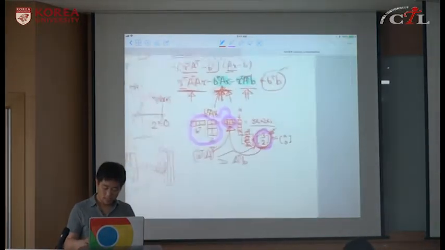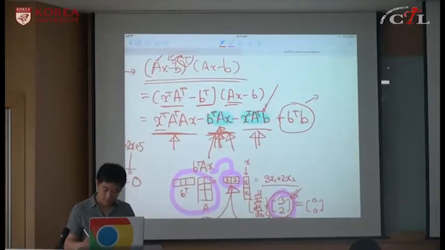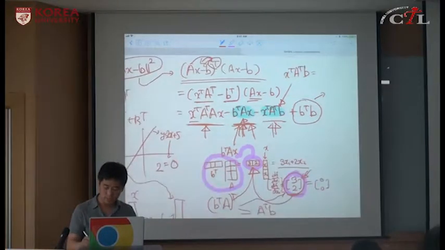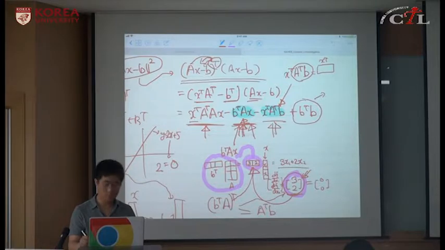Okay, and then let's look at this guy, X transpose and A transpose B. That part can be represented as this. This guy is X transpose, and this whole part, A transpose B, will be over here, right?